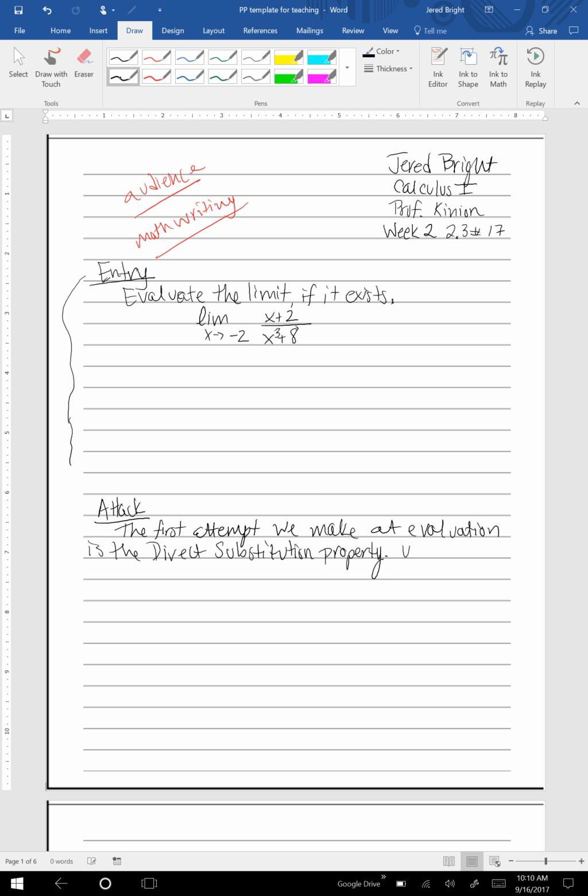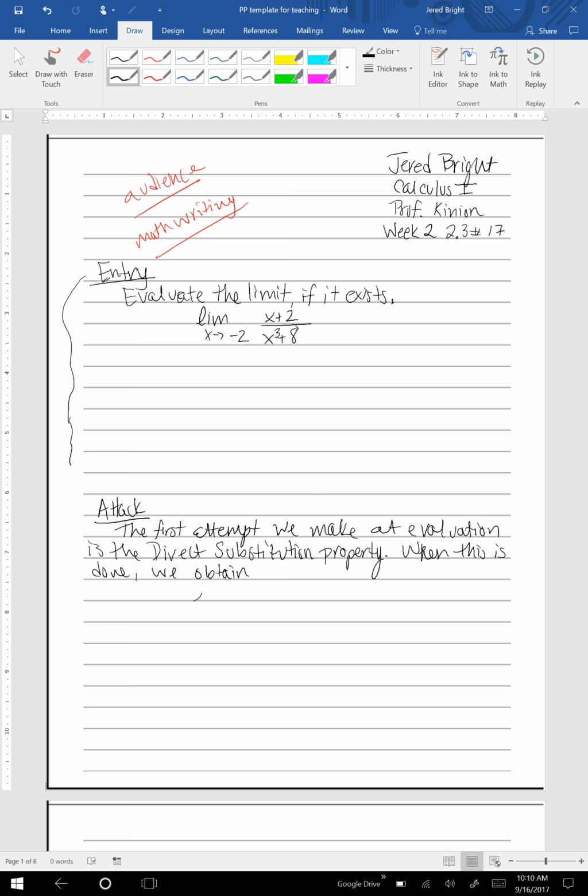Okay, when this is done, we obtain, okay, and then now I'm going to do some of that math writing that we were talking about.